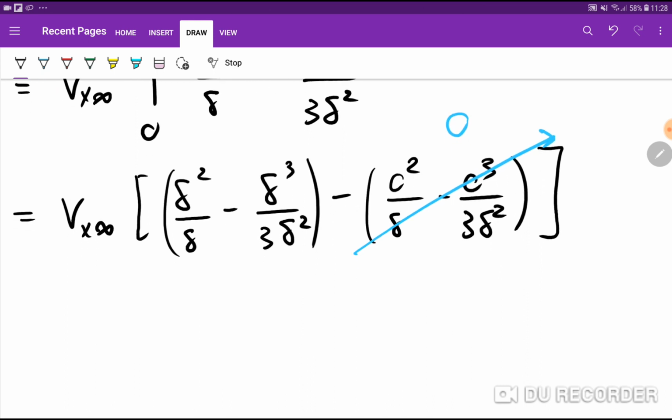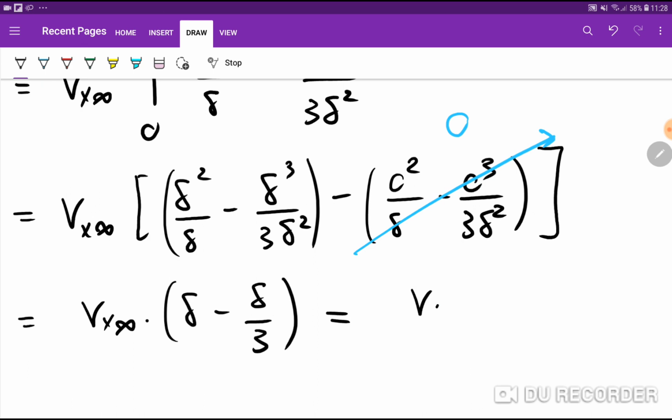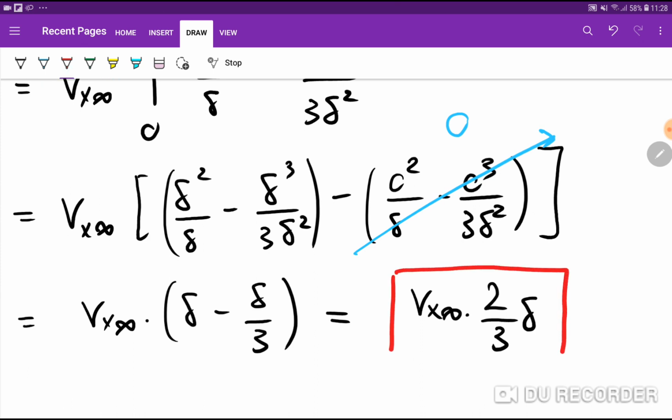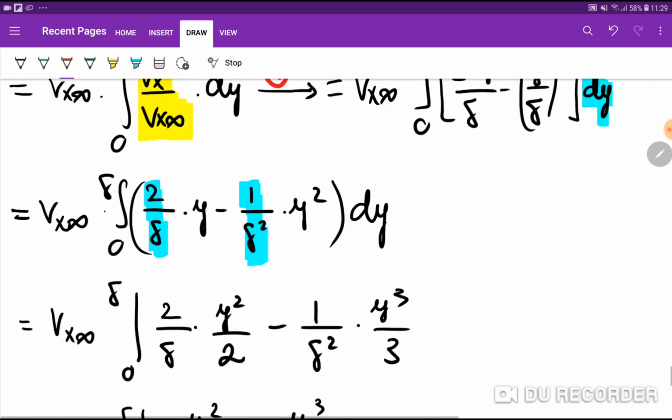Finally, you get Vx infinity times delta minus delta over 3, so Vx infinity times 2 over 3 delta. Beautiful, beautiful, beautiful. And ladies and gentlemen, that is your first integral.